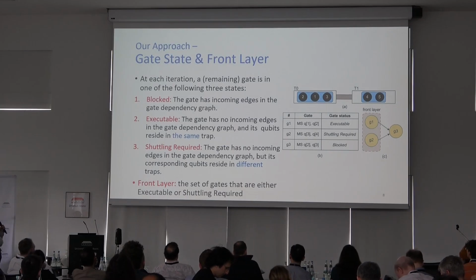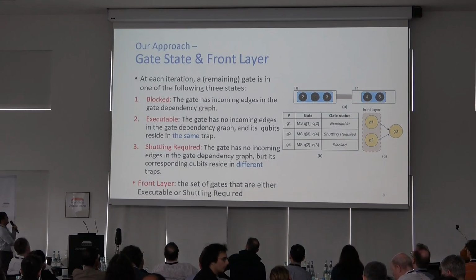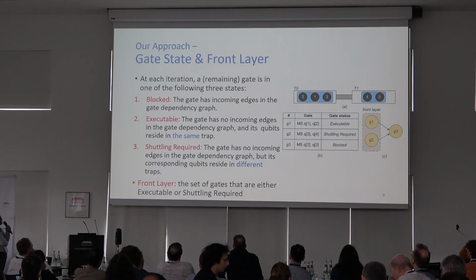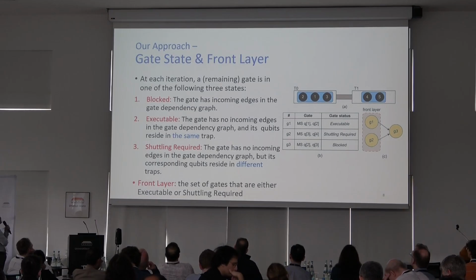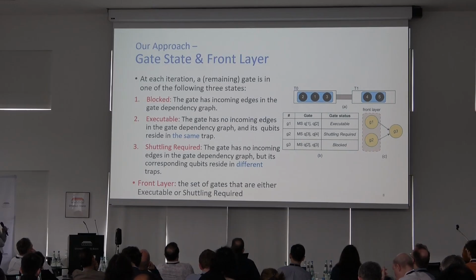And the gate is executable means that the gate has no incoming edges in the gate dependency graph, and also its qubits are in the same trap. If a gate is in the shuttling required state, it means the gate has no incoming edges in the gate dependency graph, but its corresponding qubits are in different traps.